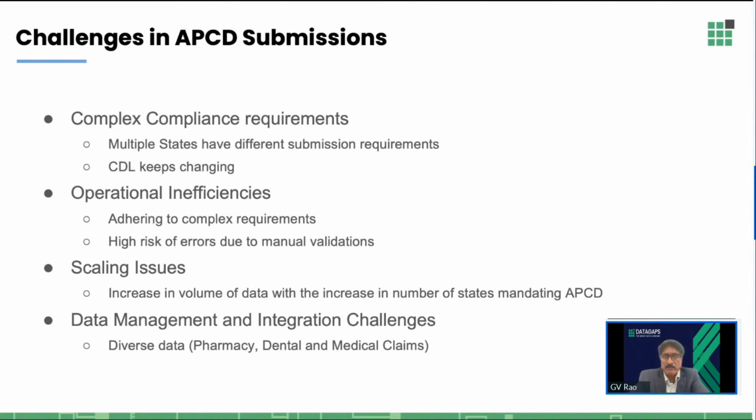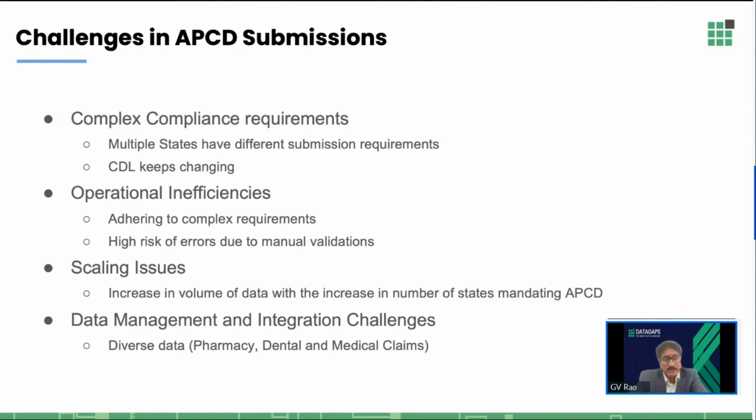At the same time, in order to harmonize across the states, the common data layout keeps changing. So every individual insurance provider has to keep track of the changes and the submission requirements and validate accordingly. And if you do it manually to adhere to these complex requirements, there is a high risk of errors.